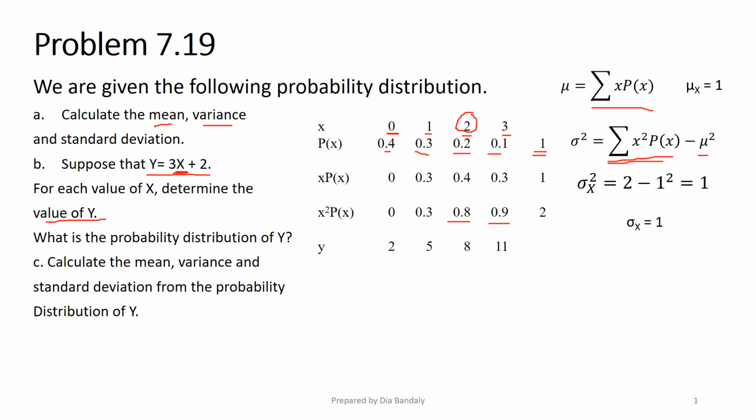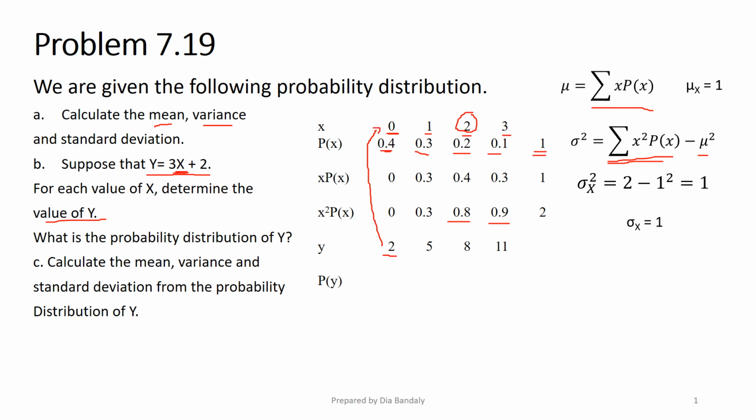And now, what's the probability distribution of y? Remember, what's a probability distribution? It's a table that shows for every value of that variable, what's the corresponding probability. So I have to add a row showing the probability of y. Now, the question is, how do I do that? How do I find the probability of 2? That's easy, because in which case is y 2? Y is 2 when x is 0, and the probability that x is 0 is 0.4.